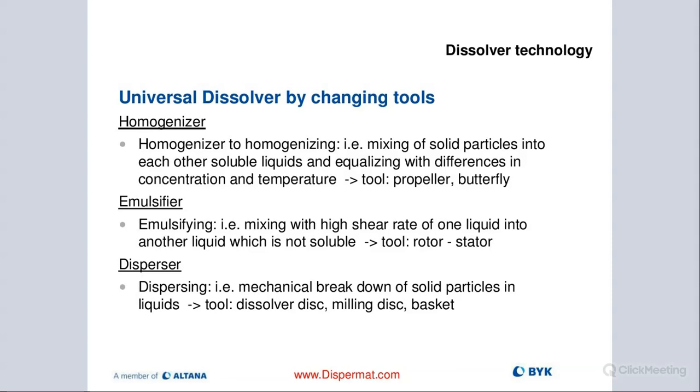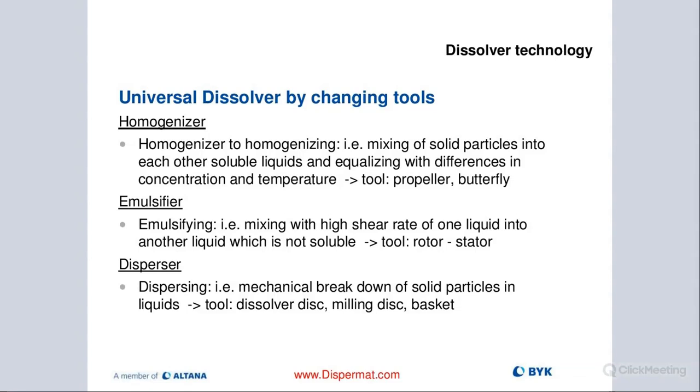So the modularity that I talked about earlier in the introduction, that's the reason Hermann Getzmann still comes into the company, is because the Dispermats are designed to operate not only as a disperser, but they're also fully functioning rotor stator machines, a bead mill, or a basket mill, or a vacuum system.